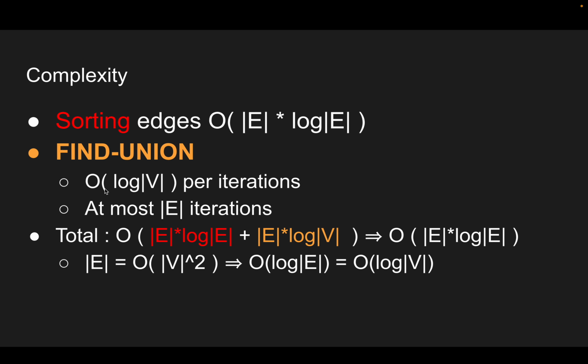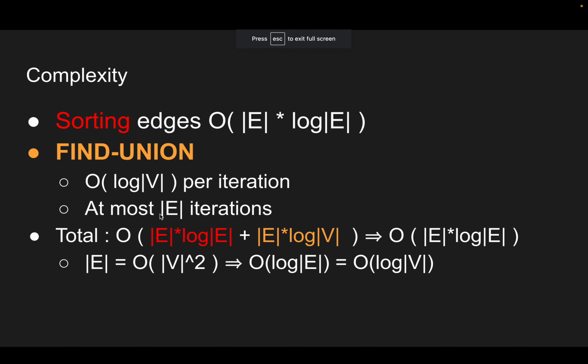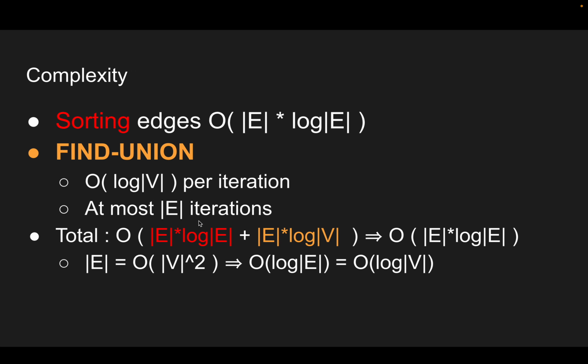This will take O(log V) per iteration, and we have at most E iterations because we have to iterate through all the edges at most. So it is at most E iterations.